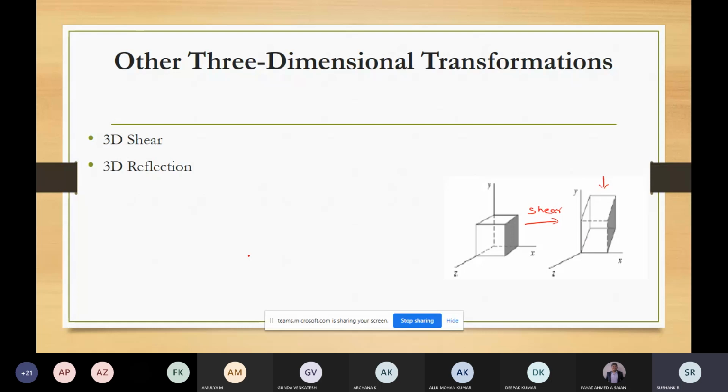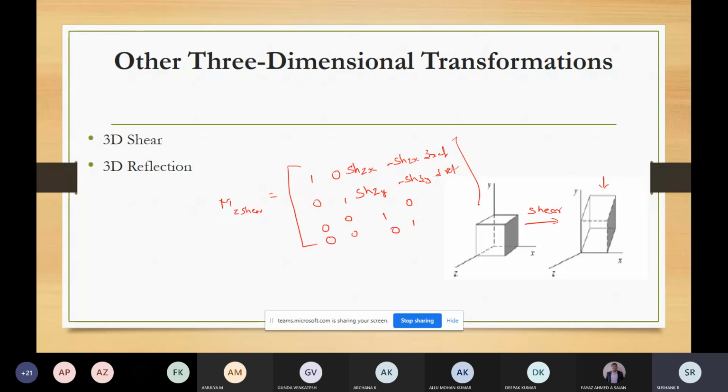For this, the z-axis shear matrix can be written like 1, 0, 0, 0, 1, 0, then shear zx, shear zy, 1, and minus shear zx into z reference, minus shear zy into z reference.